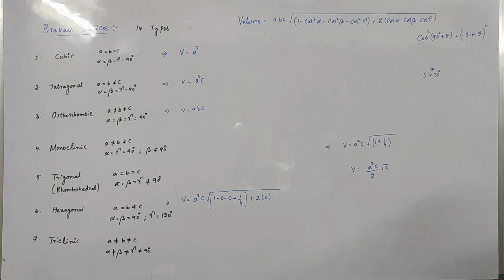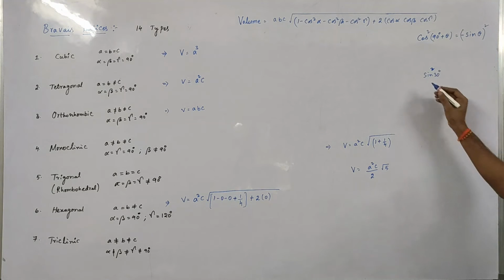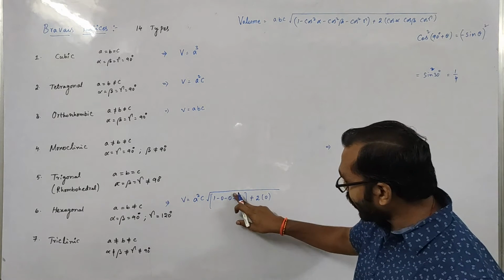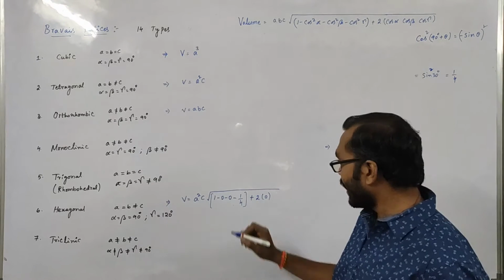So squaring on both sides, it becomes minus, simply, sin square 30, right? What is sin 30? Sin 30 is 1 by 2, square means 1 by 4. So what is this total value? 1 by 4. If the total value is 1 by 4, what you get? Minus 1 by 4.